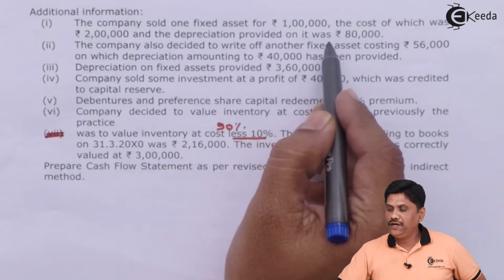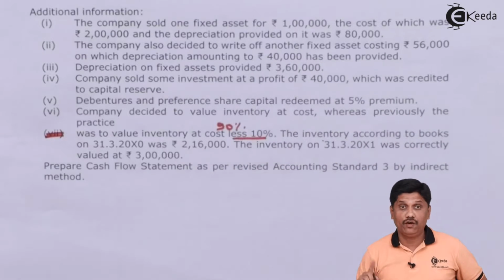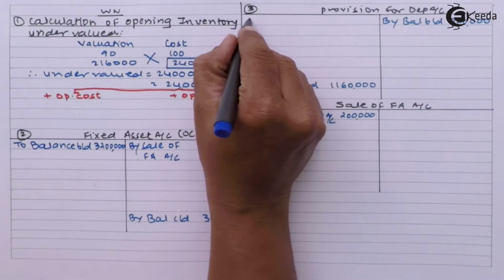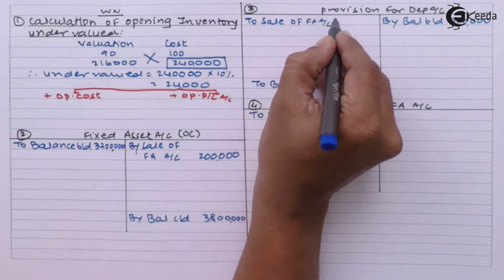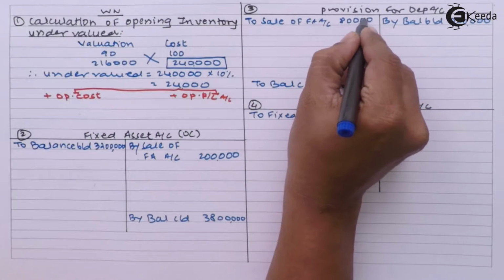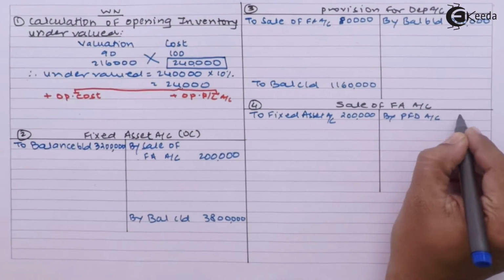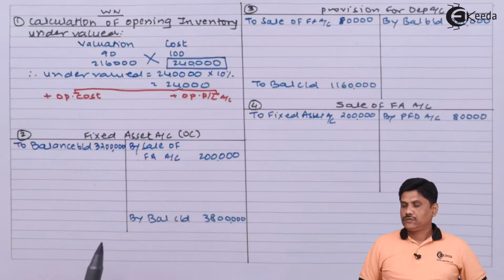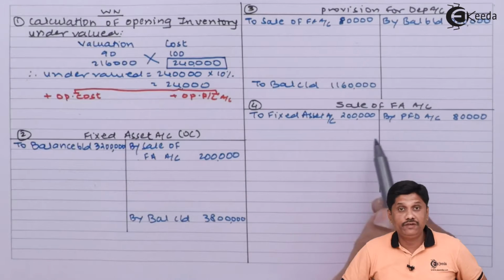Depreciation provided on it was rupees 80,000. So I will transfer 80,000 from PFD account to sale of fixed asset account. So I can say that now sale of fixed asset account shows you WDV.